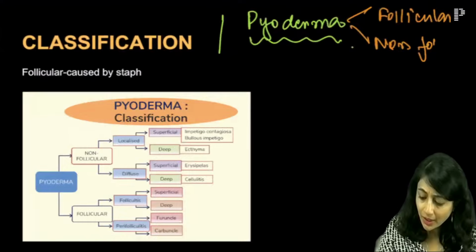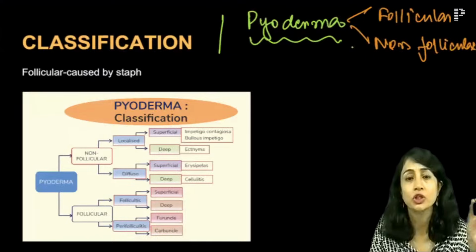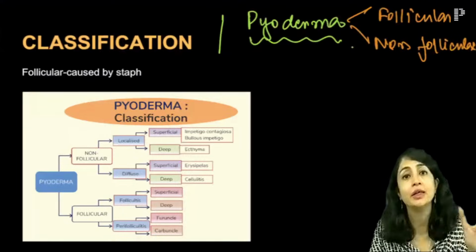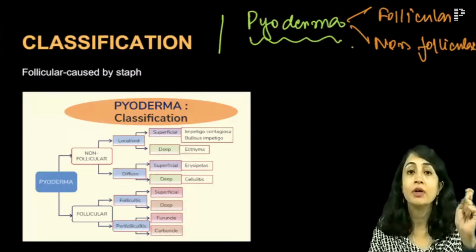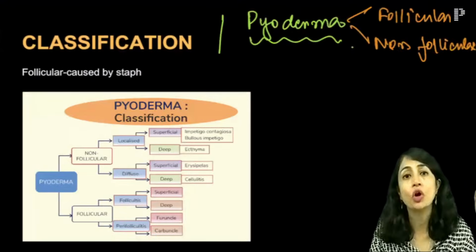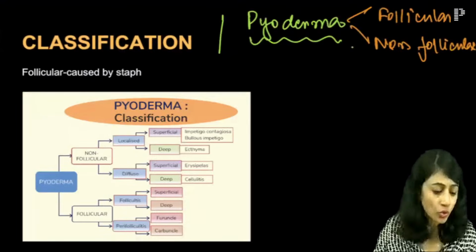Follicular infection is something which would infect my hair follicle and the area surrounding it, whereas non-follicular infection is not limited to hair follicle involvement. It can affect other parts of my skin also.